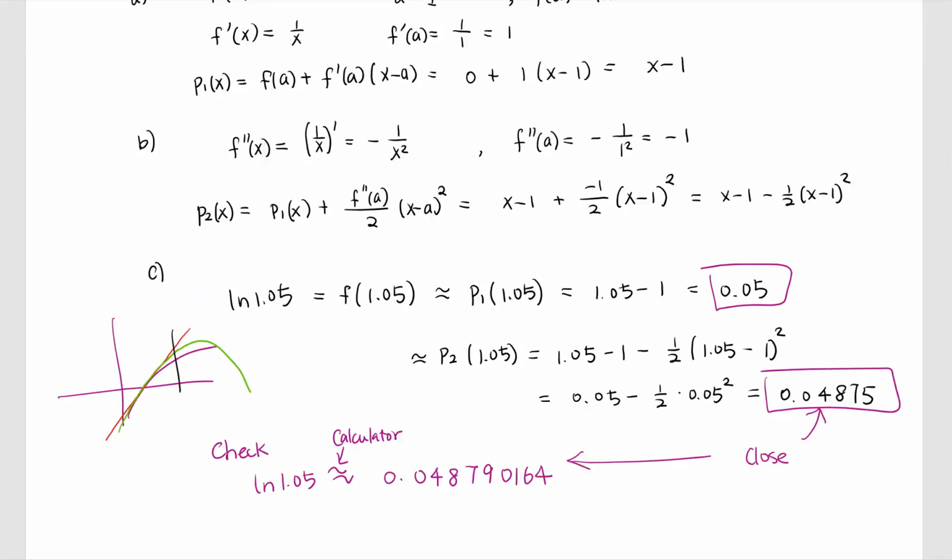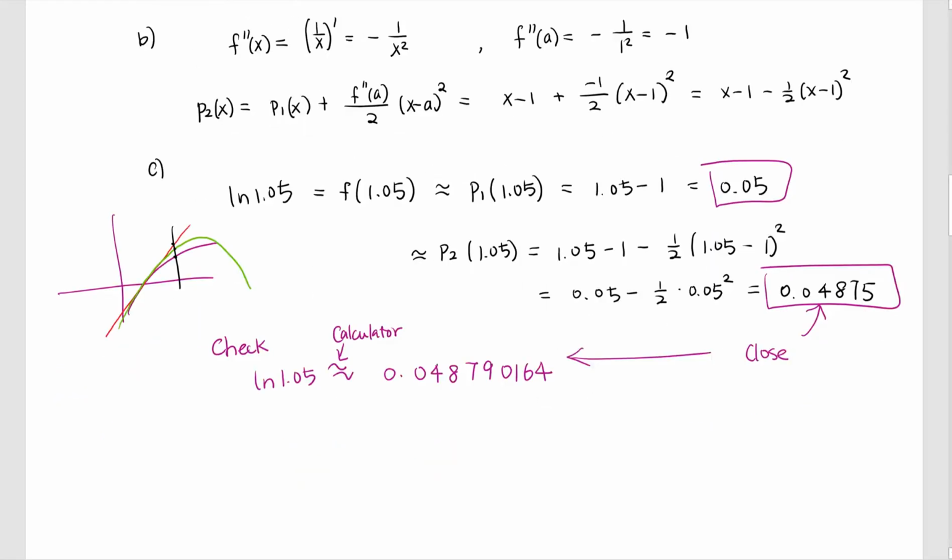If we look at this point, you can see the quadratic one is closer to the actual value than the linear one. So actually, when we increase the power of the approximation, we get closer and closer approximations. So far, so good, everybody?